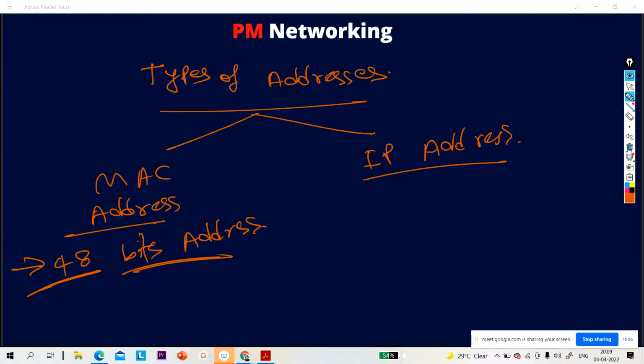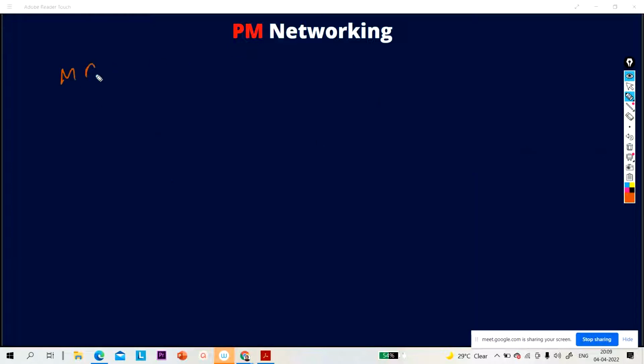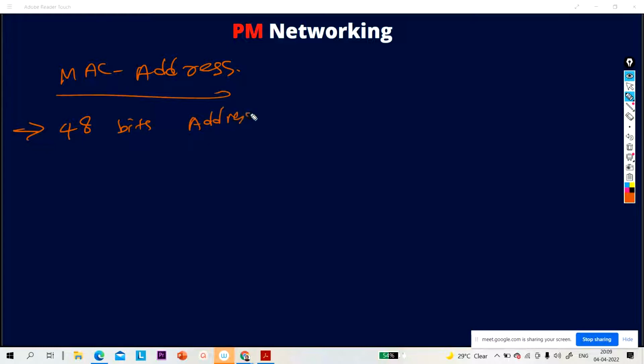Okay, so topic is MAC address. So first thing about MAC address is it is a 48 bits address. We represent MAC address in hexadecimal.